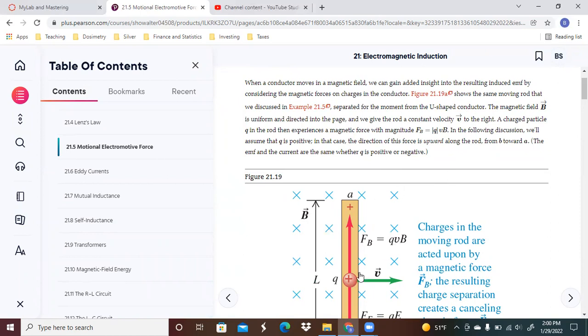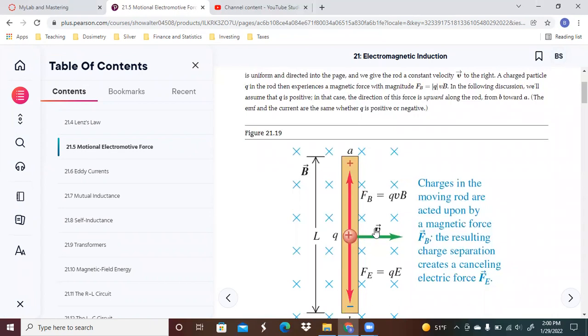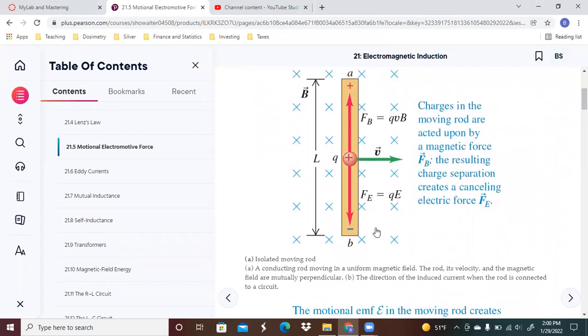So a charged particle Q in the rod experiences a magnetic force of QvB. In the following discussion, we're going to assume that Q is positive, and in that case, the direction of this force is upward along the rod from B towards A. The EMF and the current are the same whether Q is positive or negative.